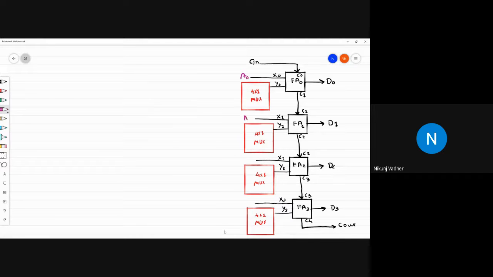A0, A1, A2, A3. These A0, A1, A2, A3 are the bits from register A.